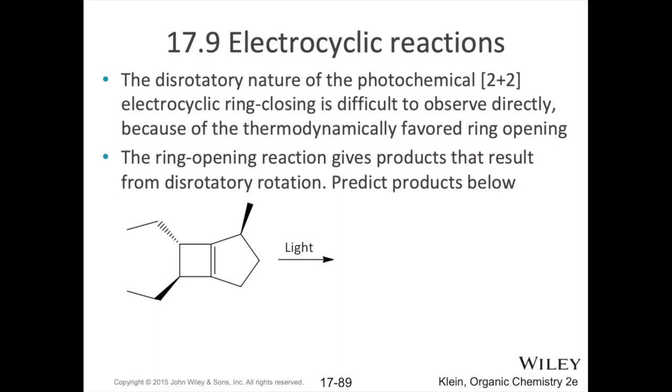Okay, so again, draw the 4 p orbitals on these 4 carbons that are involved, and ask yourself, what would the HOMO look like for the excited state, with light, that would close to give us this product?